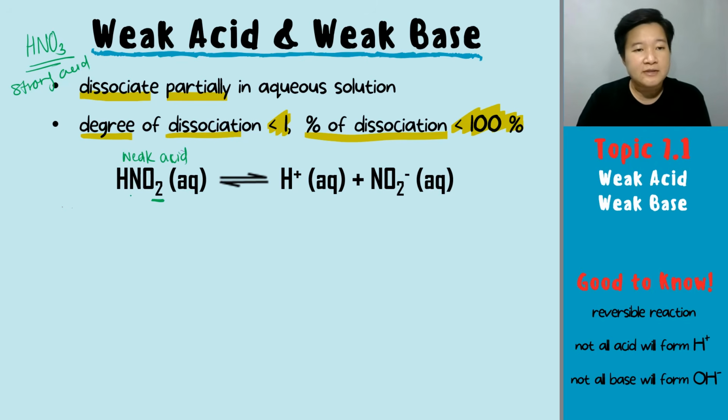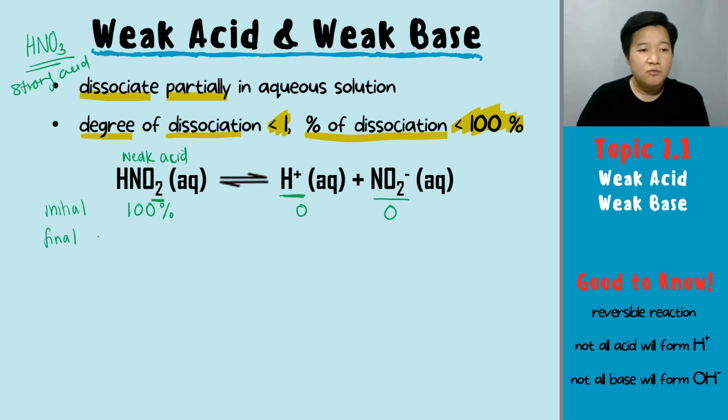So you have your weak acid HNO2 here that will partially dissociate to form H+ and NO2-. Initially, I might have 100% of my weak acid and 0 of my product. As we all know, initially there is no product formed yet.